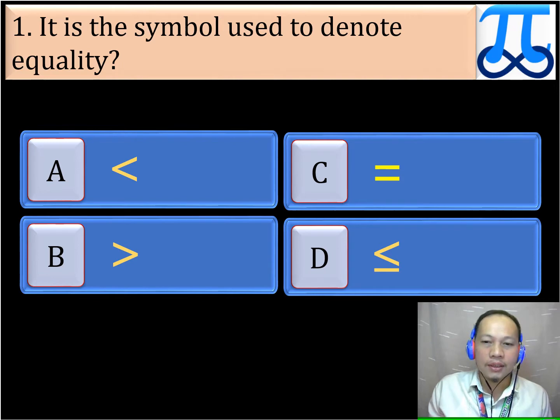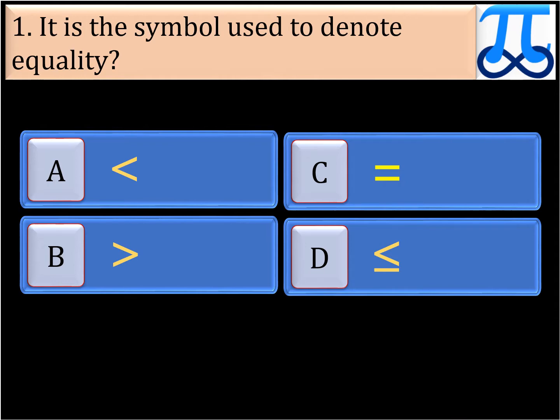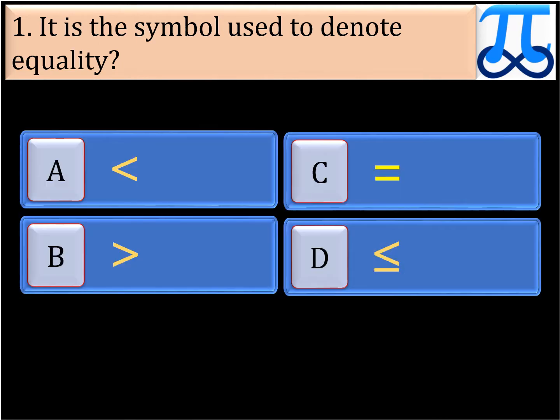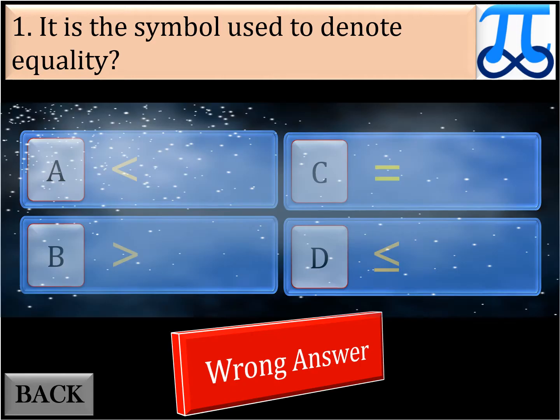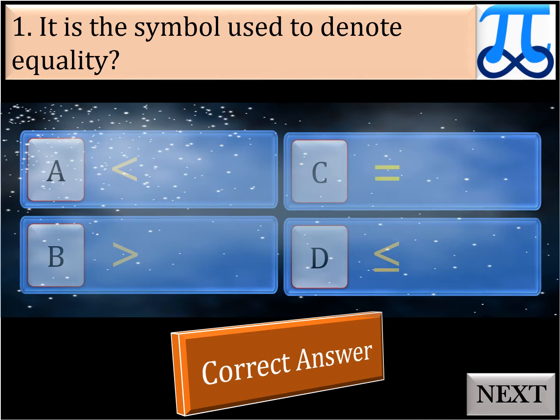Your time starts now. Okay, if your answer is A, sorry, better luck next time. But if your answer is B, again, sorry, till next time. But if your answer is C, okay, congratulations, you got it correctly.